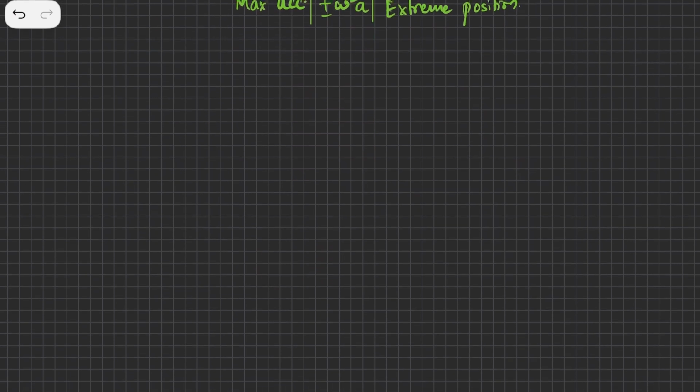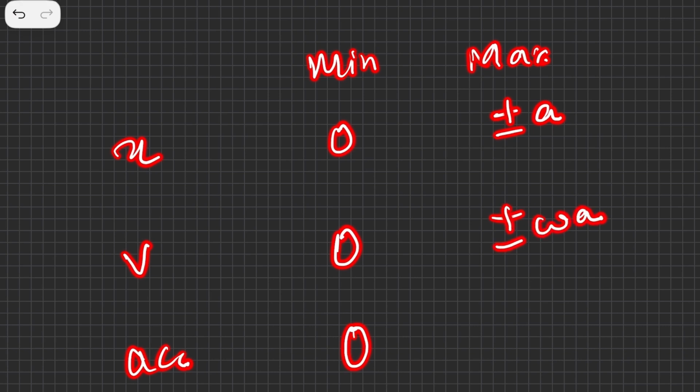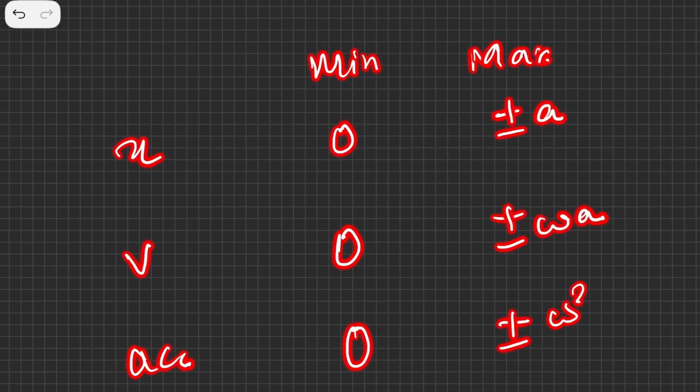So if I wish to conclude over here, then I can simply write minimum, maximum, displacement, velocity, acceleration. Now minimum displacement is 0, minimum velocity is 0 and minimum acceleration is 0, and maximum displacement is plus minus a, velocity is plus minus omega a, and acceleration is plus minus omega square a.